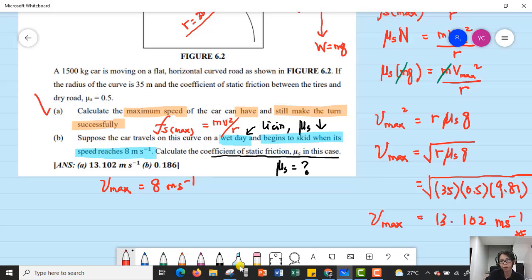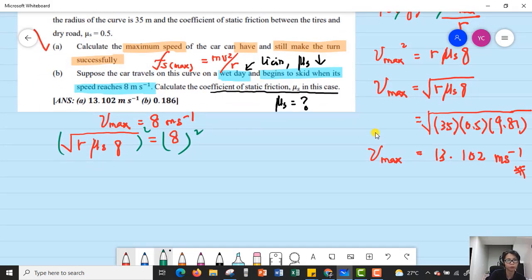Just now from question A, we already related the v max with r, mu s and g. So we take the formula again: v max is the square root of r mu s g, equal to 8. To remove the square root, we square both sides, so the square root disappears.